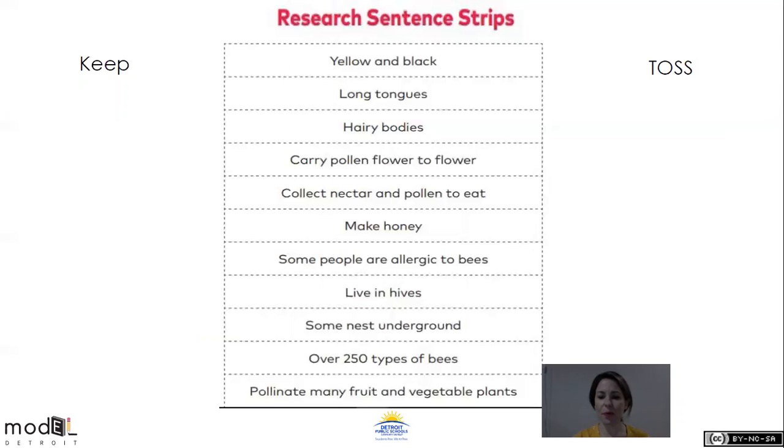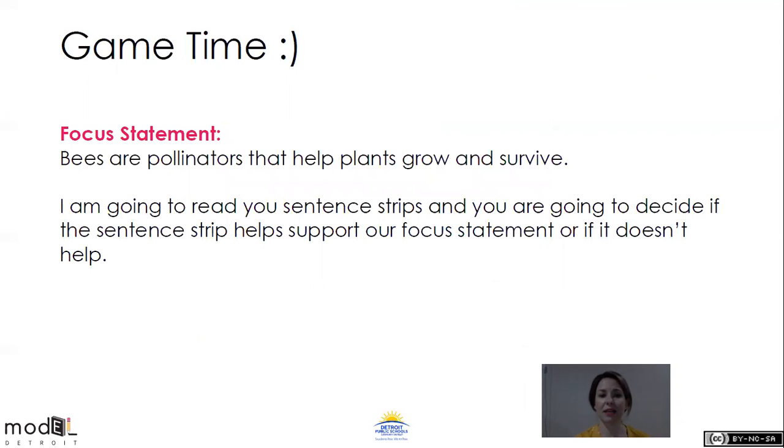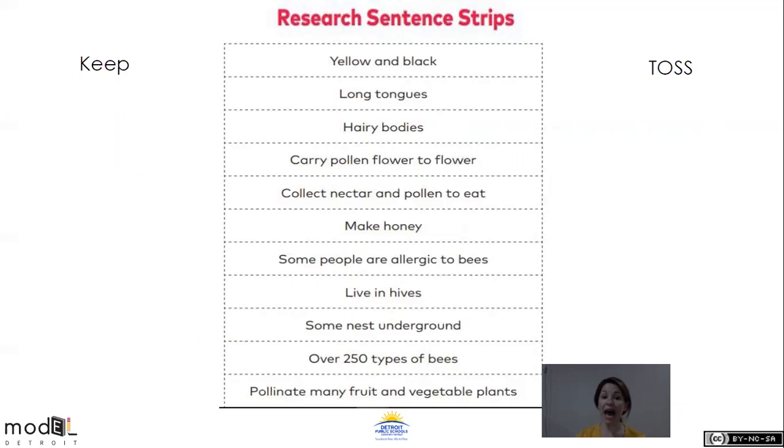Does that support the bees are pollinators that help plants grow and survive? Live in hives. Some nest underground. Over 250 types of bees pollinate many fruit and vegetable plants.